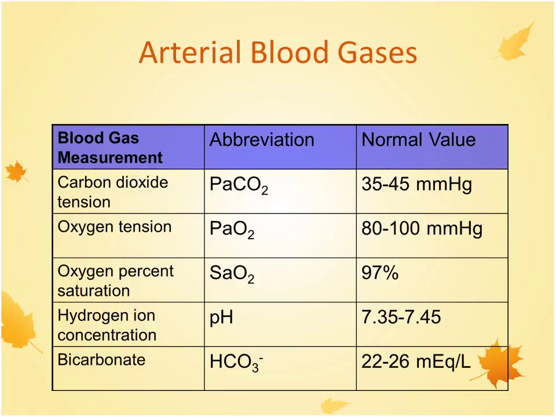Typically, you'll see that the PaCO2 will be opposite of the pH in respiratory disorders, meaning that if the pH is high, greater than 7.45, and the patient has a respiratory alkalosis, because anything above 7.45 is alkalinity or alkaline, then the PaCO2 will typically be below 35.